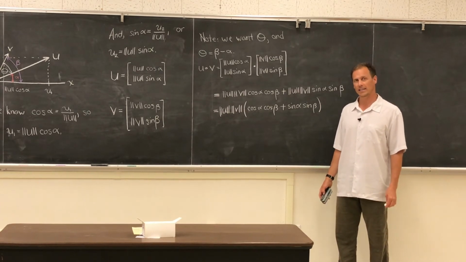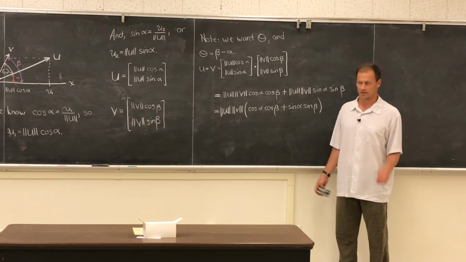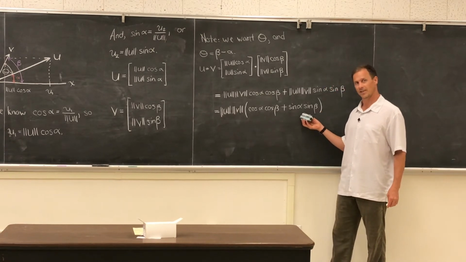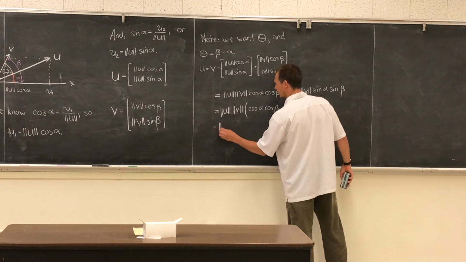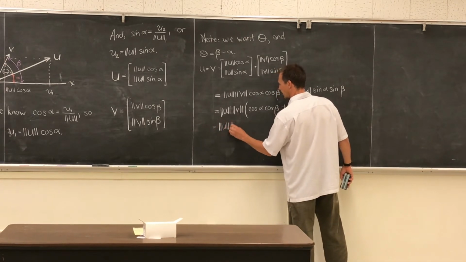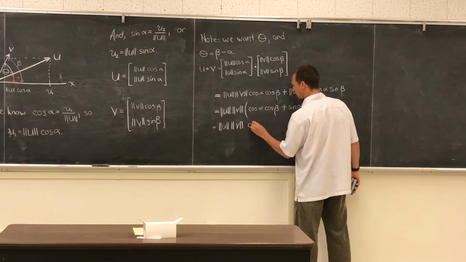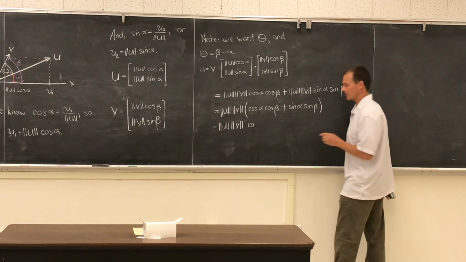Now, it may not look like we've done much here, but we've done almost everything. The one key that's not easy to remember, I don't think it is, but there's a trig identity for this that cleans this up. This is the same as the length of u times the length of v times, this whole expression is the cosine of a difference of angles.